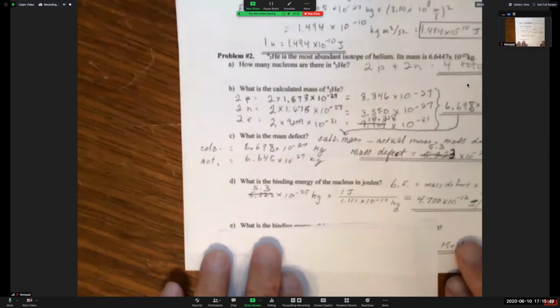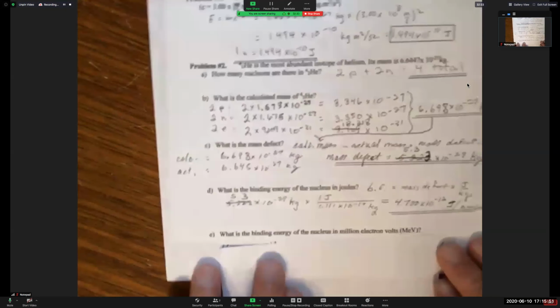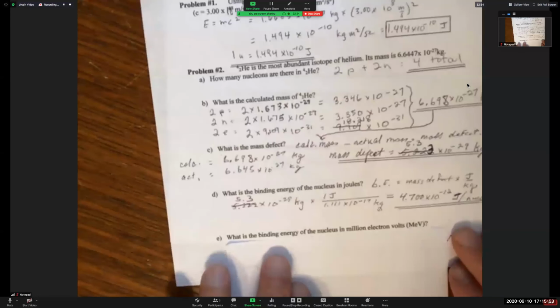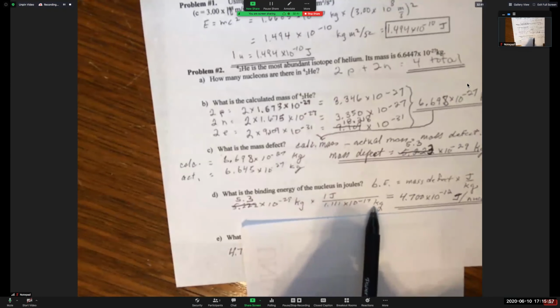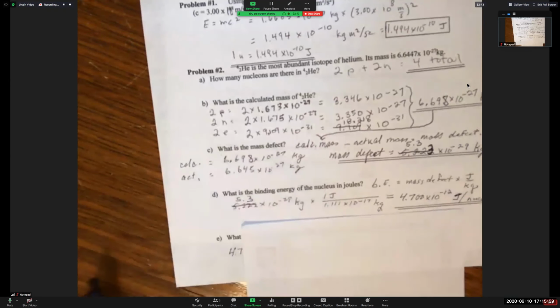So I want this in joules. I want kilograms to cancel, so I'm going to put 1 joule over 1.11 times 10 to the minus 17 kilograms. And because my mass defect changed a little bit, I'm going to have a little bit different value for the number of joules.